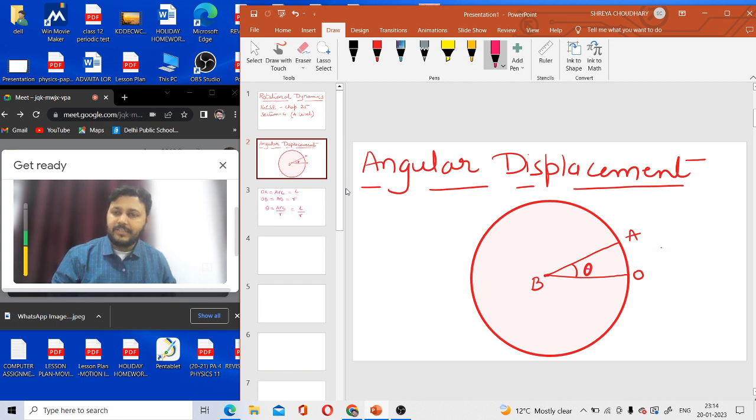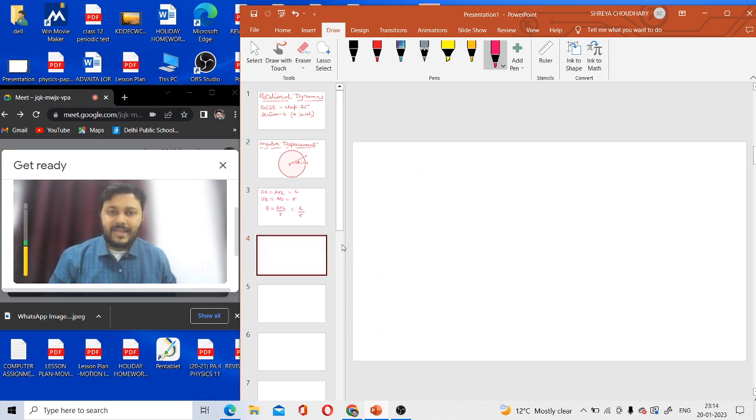And now the new position of the particle is A. So the final angle of the particle with respect to the horizontal, or with respect to point O, is theta 2.